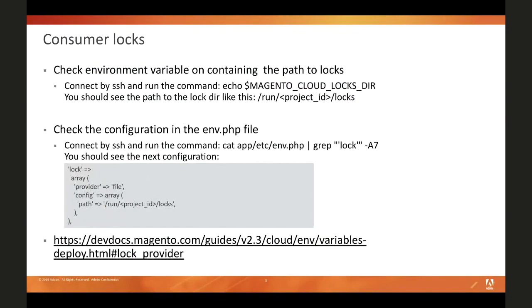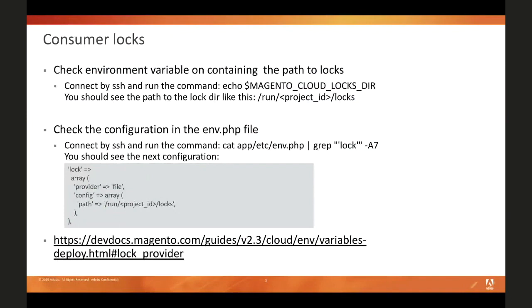On production and staging, we support two types of locks: DB locks and file locks. You can find the environment variable MAGENTO_CLOUD_LOCKS_DIR on staging and production. This variable contains the path to the special folder for locks.